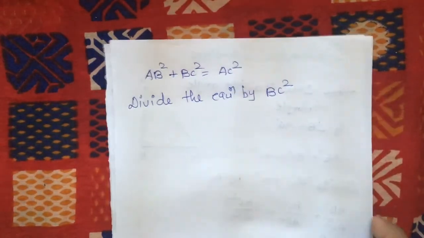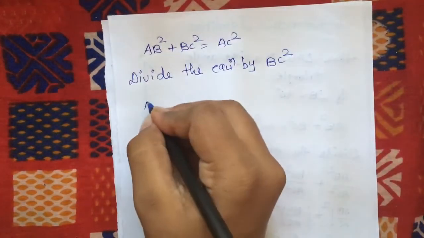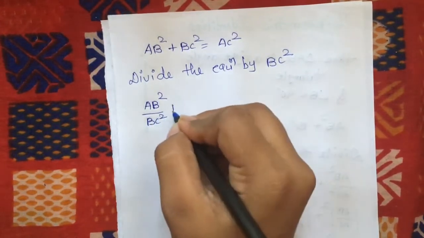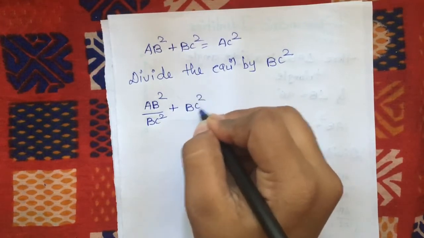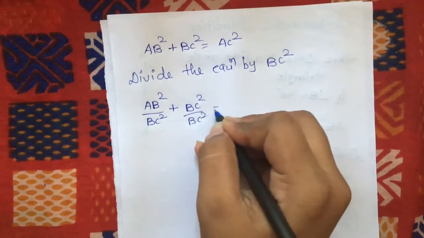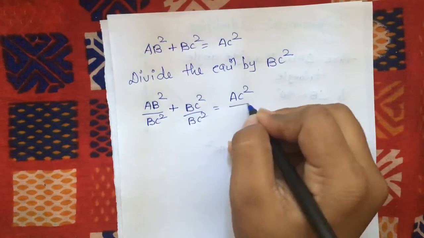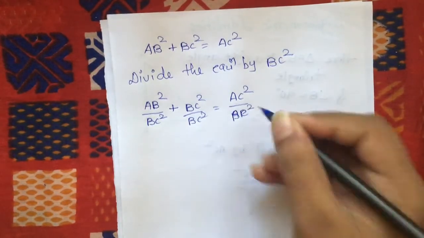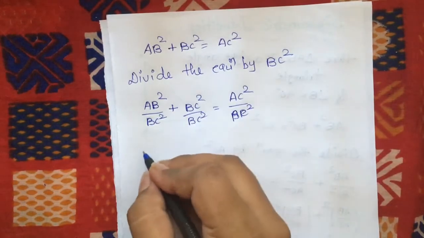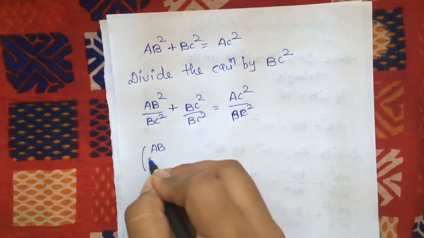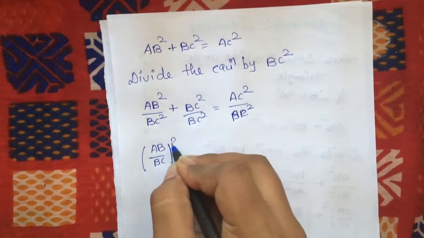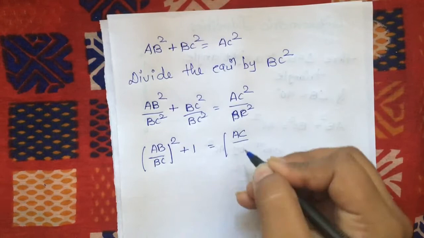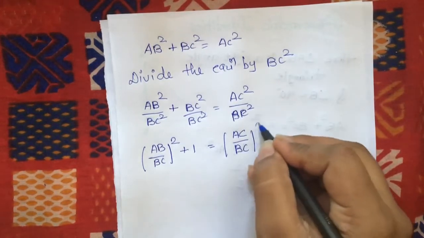So what we have is AB square upon BC square plus BC square upon BC square is equal to AC square upon BC square. So this could be 1, and this becomes AB upon BC whole square plus 1 is equal to AC upon BC whole square.